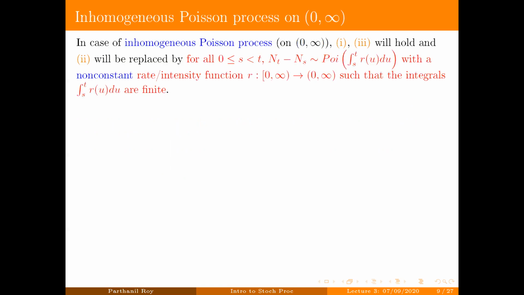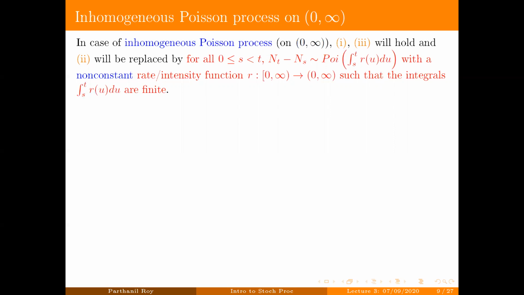Okay? So in case of inhomogeneous Poisson process, the properties 1 and 3 will hold. So in particular, the process will start from 0, and it will also have independent increments property. But property 2, namely the stationarity of increments, will actually be replaced by a different property.